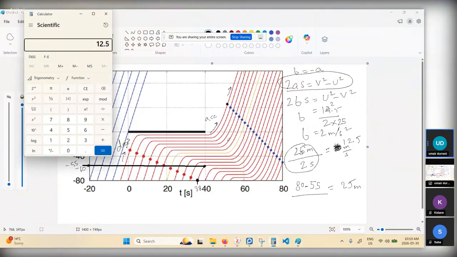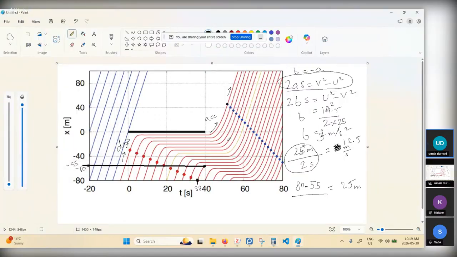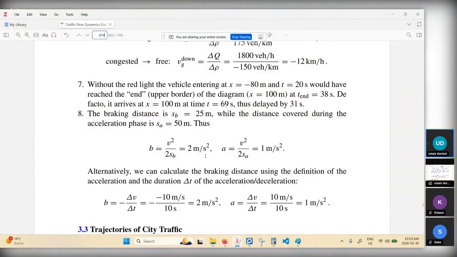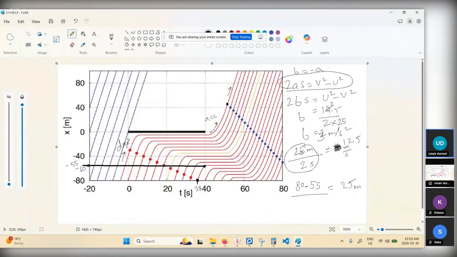So we have 12.5 into 12.5 divided by 25 divided by 2. So this comes out to be about 3 meters per second squared. What they found there was 2 meters per second squared. If we assume that the distance is like 20 meters, then this comes out to be 2 meters per second squared.